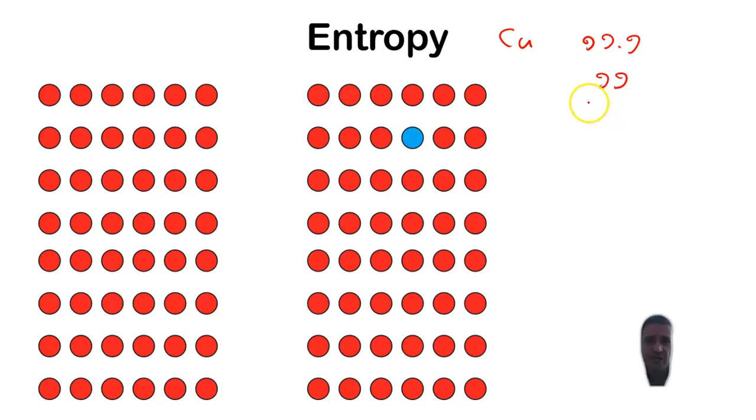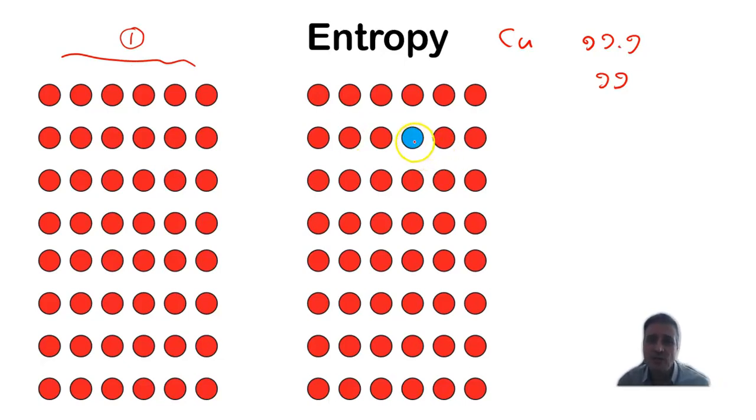I don't know the exact cost of these coppers, but I know that the difference is high. In a pure metal, for example, you consider that you have only the red atoms. We have one state in which we can arrange these atoms in the crystal structure.